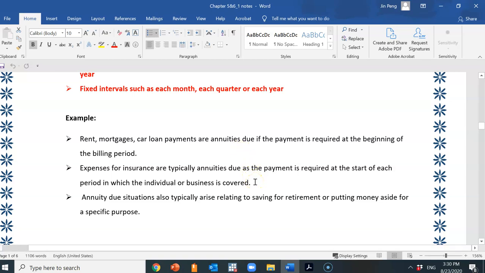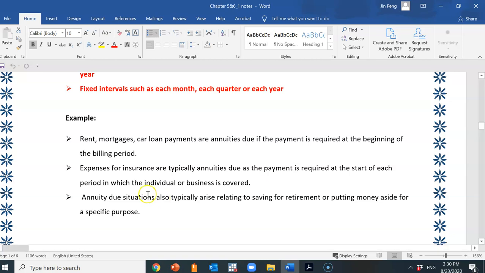Another financial example is that expenses for insurance are typically annuities due, as the payment is required at the start of each period in which the individual or business is covered. Annuity due situations also typically arise relating to savings for retirement or putting money aside for a specific purpose.